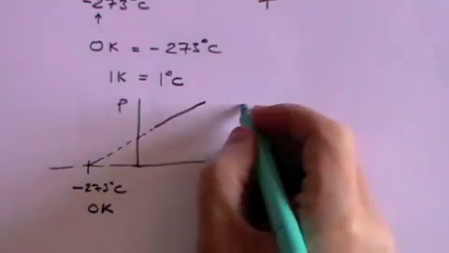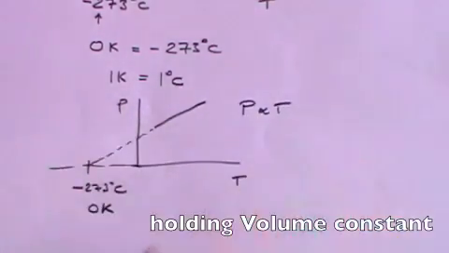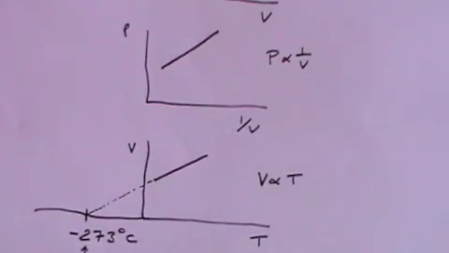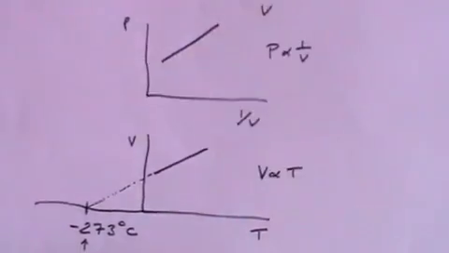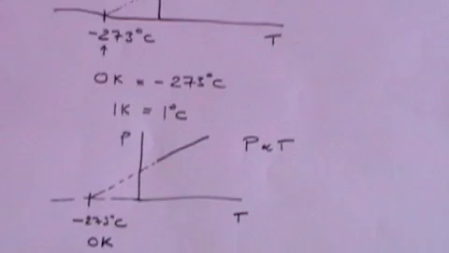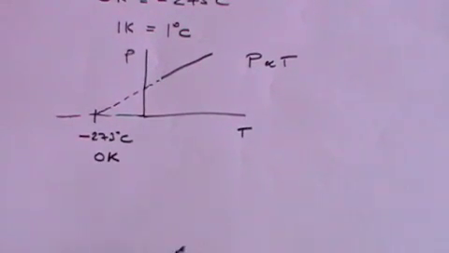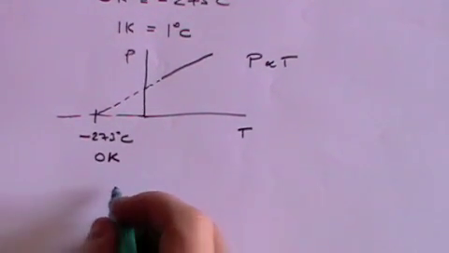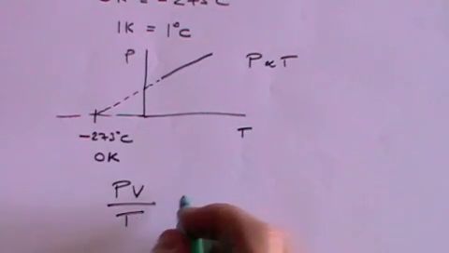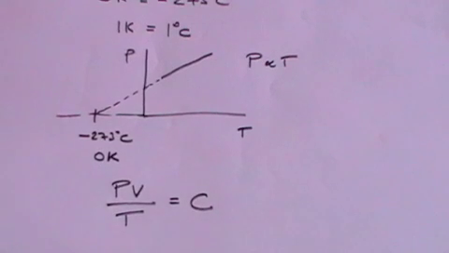And that tells us that pressure is proportional to temperature. So we have that pressure is proportional to 1 over volume, volume is proportional to temperature, and pressure is proportional to temperature. And if we put all of those together and combine them, we get that pressure times volume over temperature is a constant, which I'll call C for the time being.